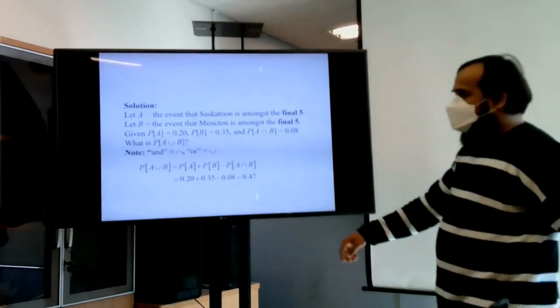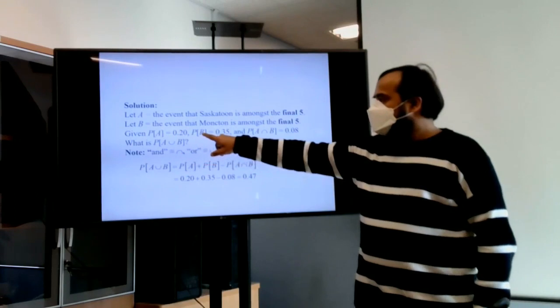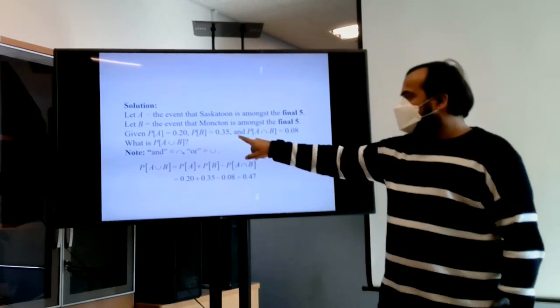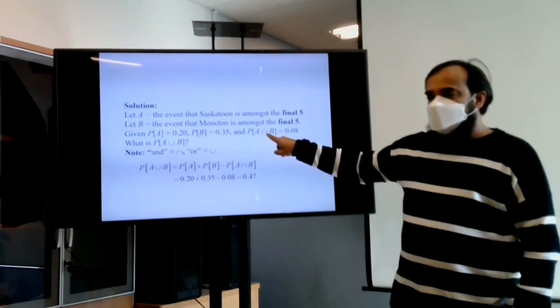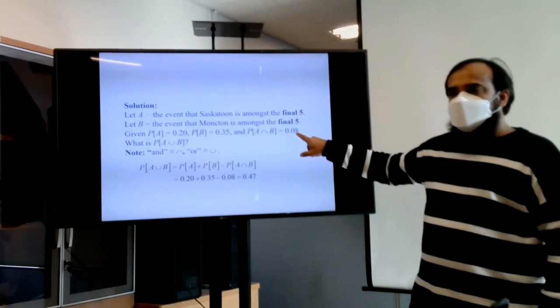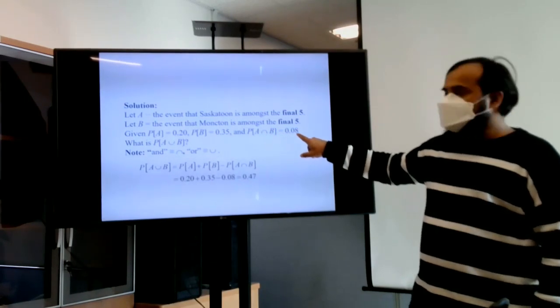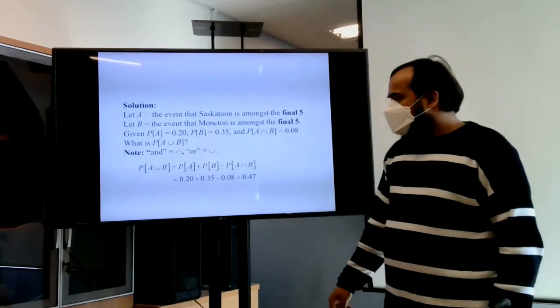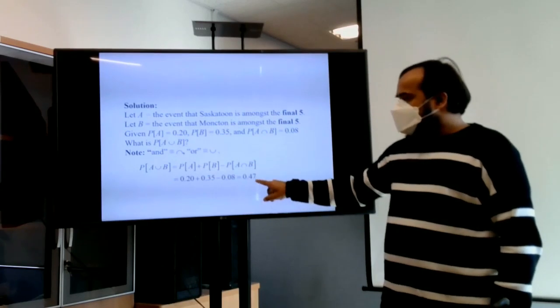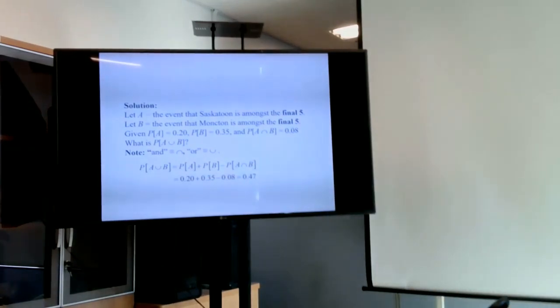So the probability of A equals 0.2 and of B equals 0.35, and the probability that both are selected for the final 5 is only 8%, so that equals 0.08. Now what is the union of A and B? Putting in the values, it equals 0.47. So 0.47 is the probability that at least one of the cities will be selected for the final 5 in the competition.